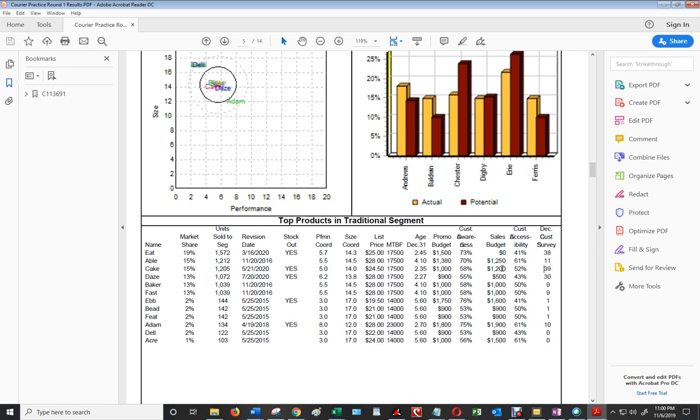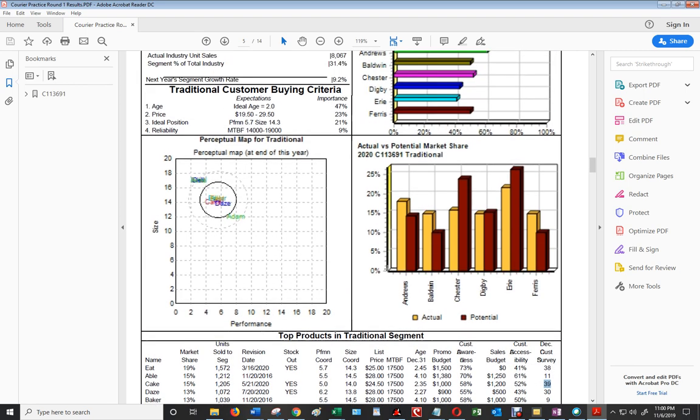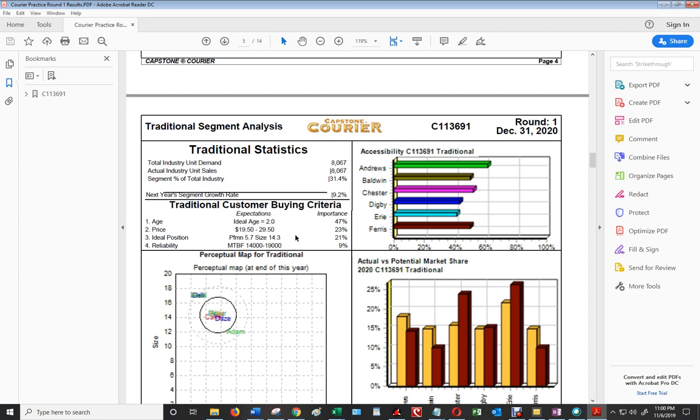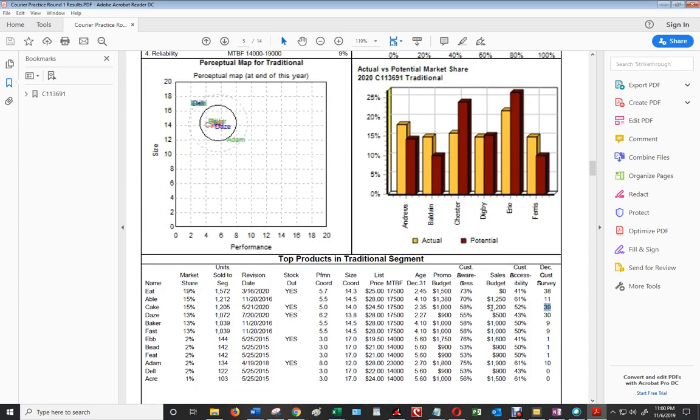So we want to maybe analyze why that happened. The reason they had such a good customer satisfaction score was, if you look in this segment, which is traditional, the ideal age was 2, and Cake had an age of 2.35, which was actually really good next to the others. So it had a good age, which was fine.